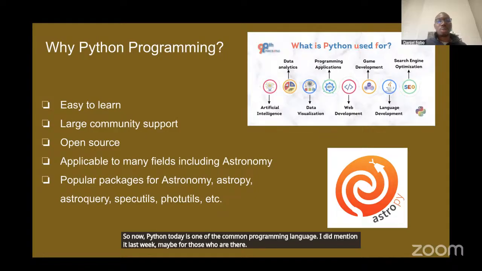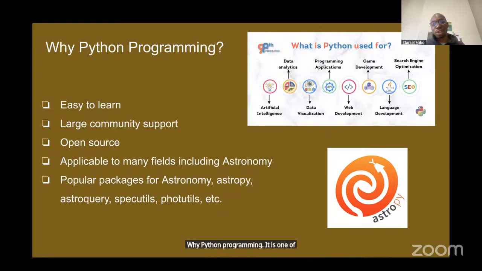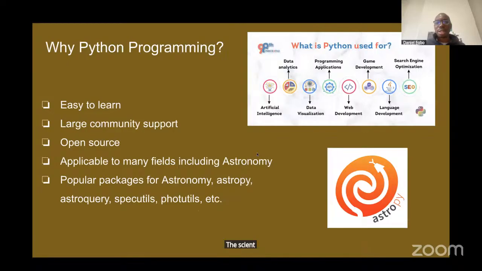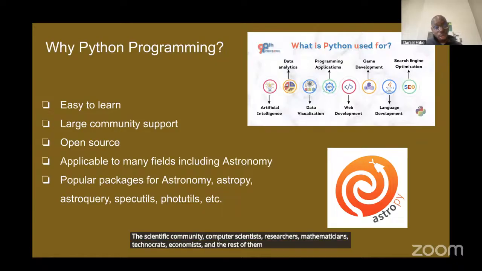Why Python programming? It is one of the common programming languages. What do I mean by common? Common in the sense that it has been widely adopted by a lot of people: the scientific community, computer scientists, researchers, mathematicians, technocrats, economists, and the rest of them. Why? Because it is a bit easy to learn compared to other programming languages.